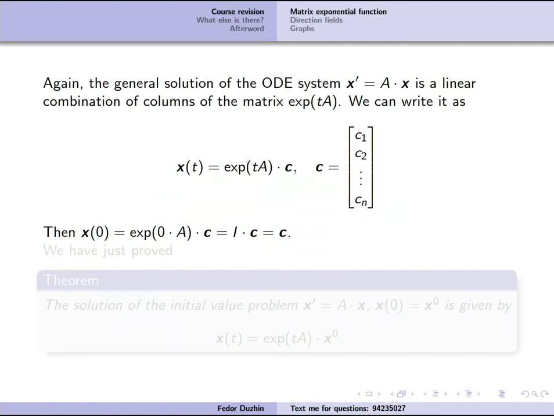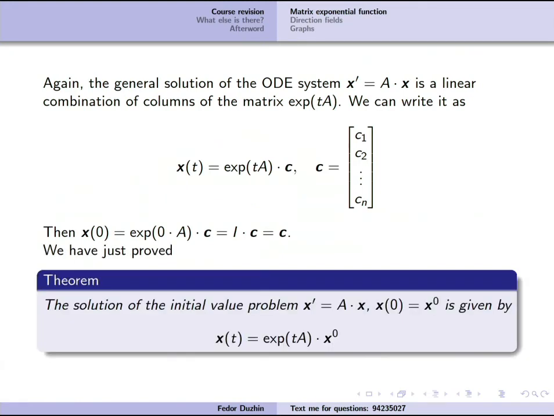This is because if you let t be 0, then x of 0 equals e to the 0, which is going to be 1, times c, so c is x of 0. Therefore, we already have a very compact and very beautiful formula for the solution of the initial value problem.